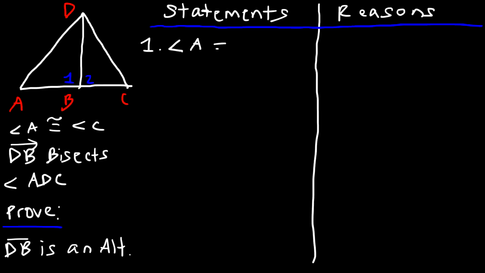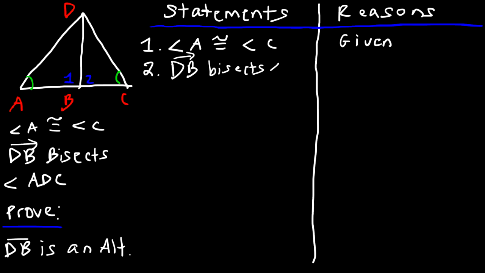Angle A is congruent to angle C. So that's given to us. And let's mark it on a diagram. So A and C are congruent. Now the next piece of information that we have is that BD bisects angle ADC. And so that's given.